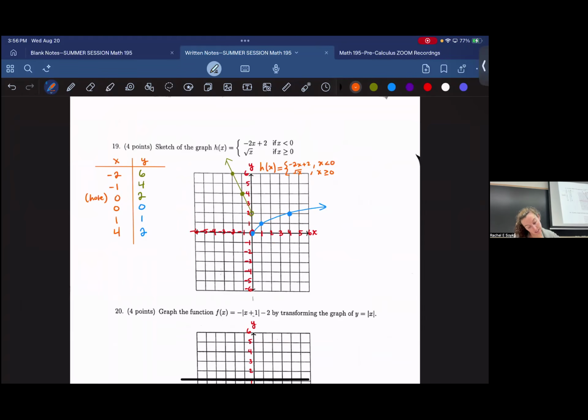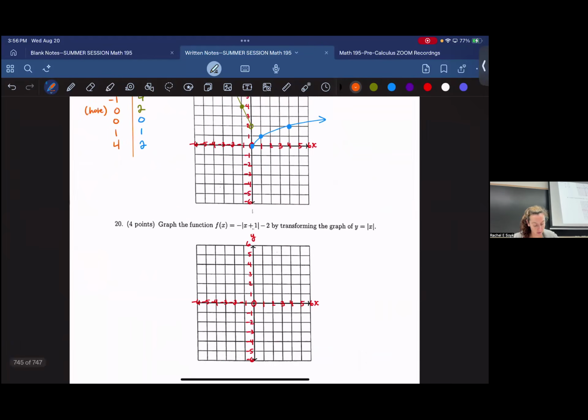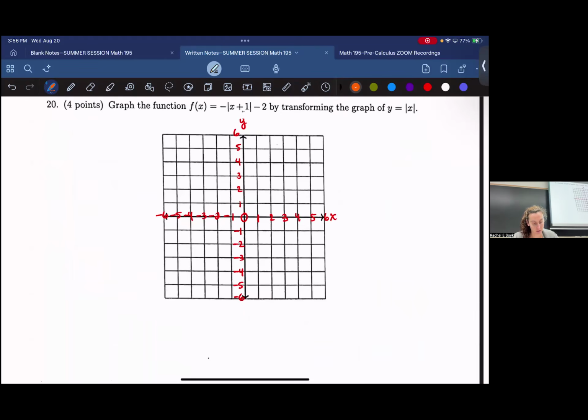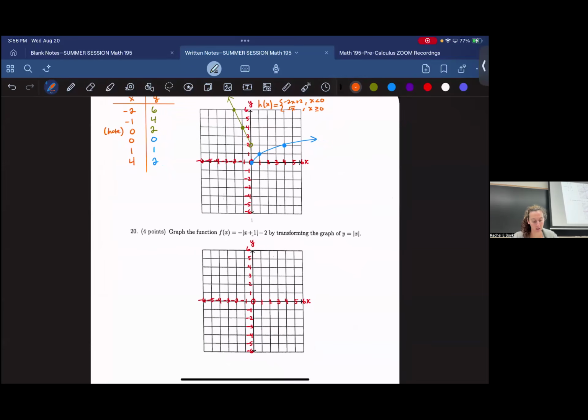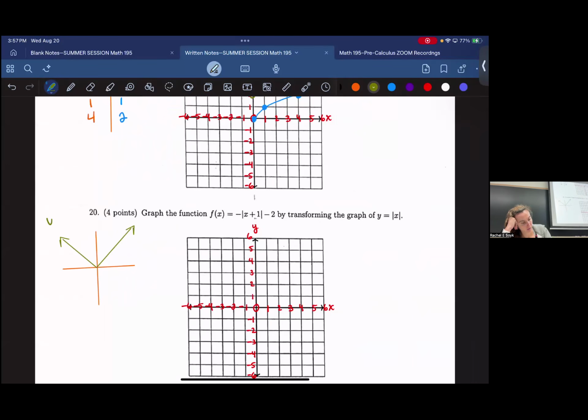Question 20 is an absolute value function graph. Keep this up in case you need to still see it. The absolute value of x is just that V-shape, which I'll put off to the side so you can see. y is equal to absolute value of x.